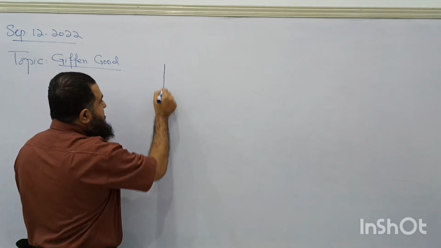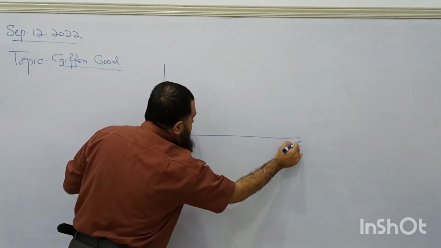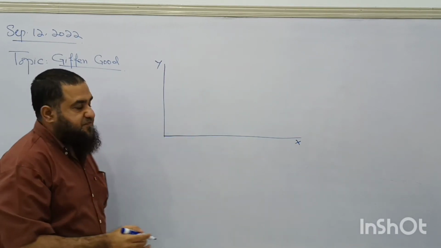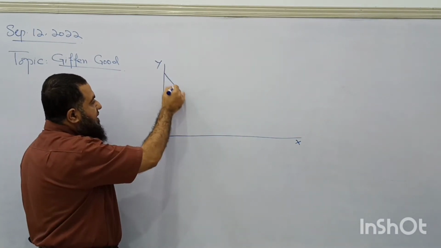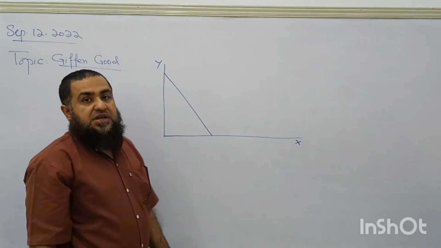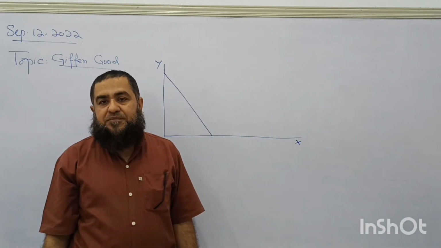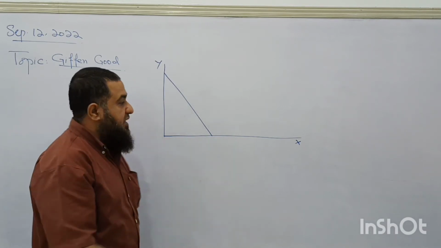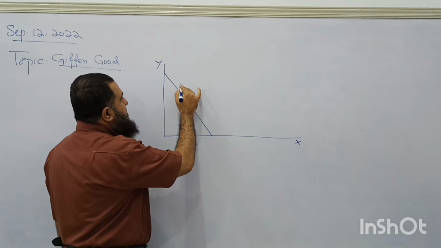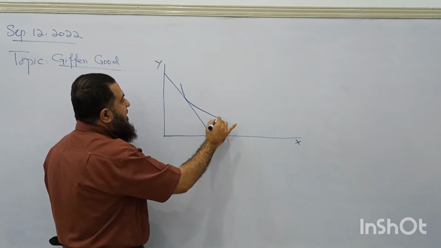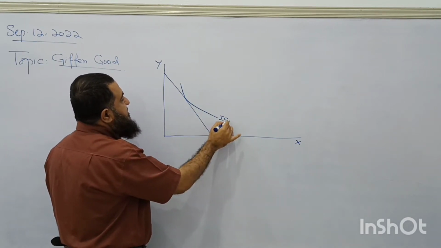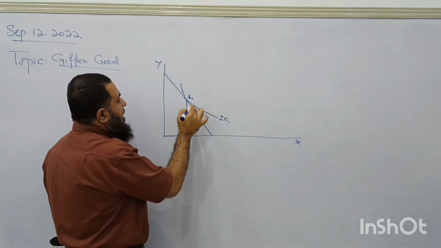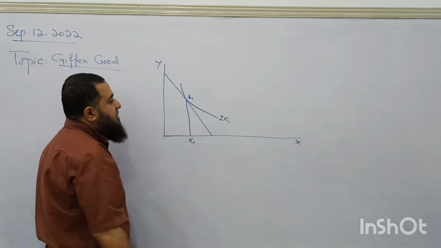Now see, this is our famous diagram of budget line and indifference curve. Look here, this is the initial budget line of the consumer at given prices, and nominal income is also kept constant. So the consumer is consuming at this point. This is indifference curve 1, and this is the initial equilibrium of the consumer before the price change.